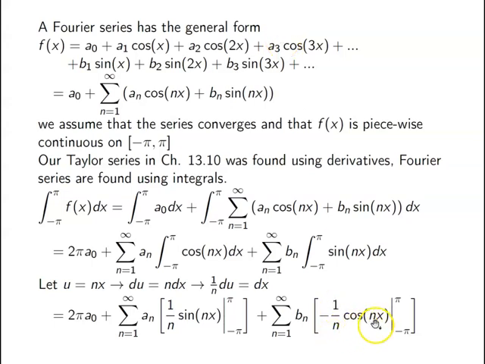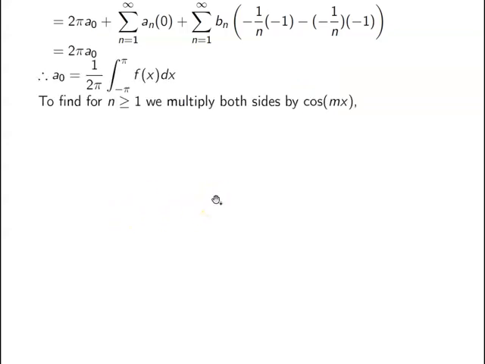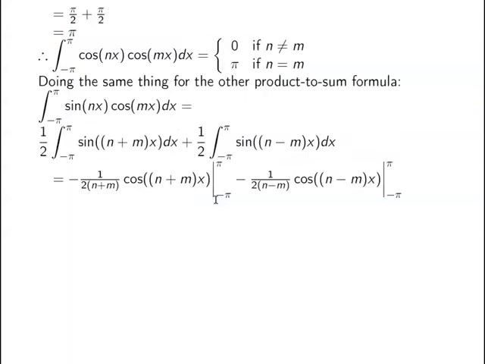We're looking at 1 over n cosine of n x, a constant multiple of x. At pi and negative pi, we get these equal values. So this goes to 0 and this goes to 0 as well. They both go to 0.